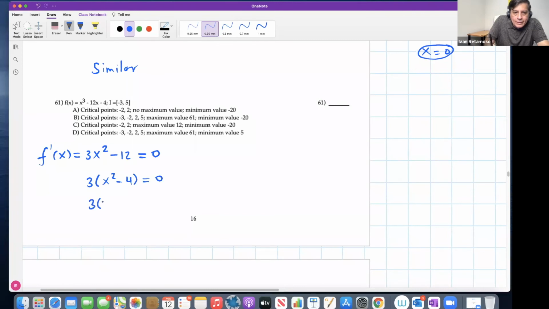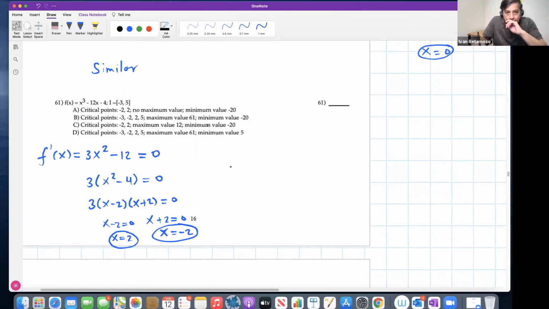Critical points here after factoring, they end up being this from here, x equal 2, one critical point. From here, x equal -2, the other critical point, right? Yeah, two critical points. Now the method is this, right? You go ahead and create a table.